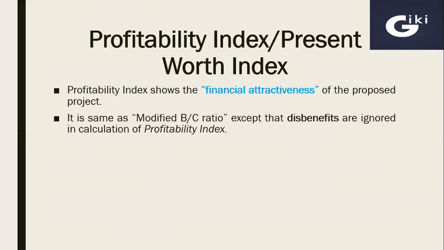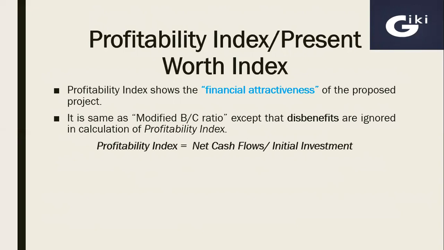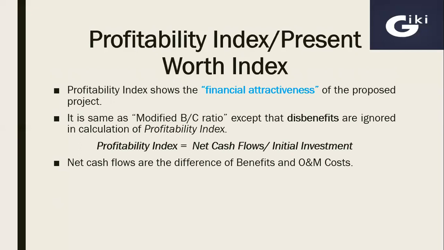It is the same as modified B over C ratio, except that disbenefits are ignored in calculation of profitability index. So profitability index is equal to net cash flows, meaning present worth of inflows minus present worth of outflows, or benefits minus costs, divided by initial investments. Net cash flows are the difference of benefits and operating and maintenance costs.